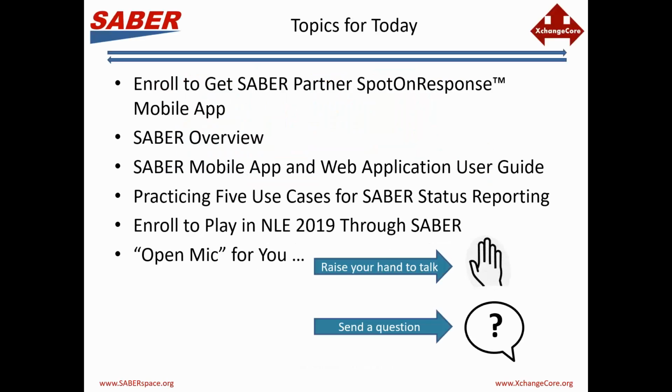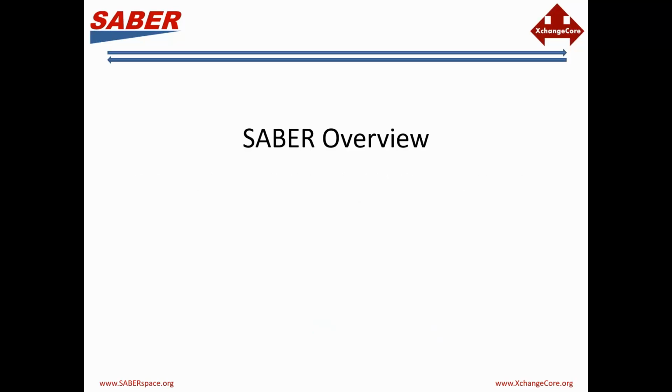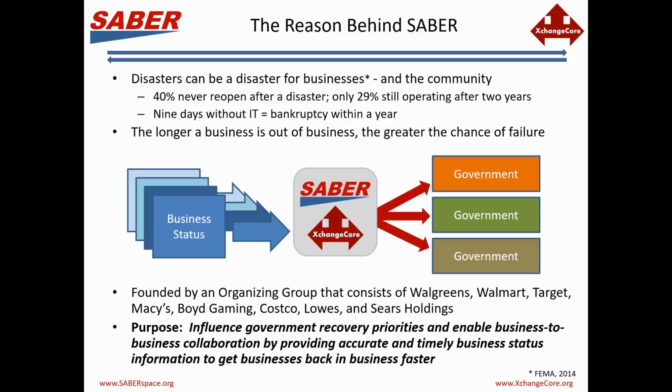All right, so we're going to take a look at the app, and before that, a real quick overview, because I do see at least 2 new names on there. Quick overview is SABER. The whole purpose of SABER is to minimize business disruptions by providing accurate and timely business status information to both governments as well as to other businesses to enable business-to-business collaboration.